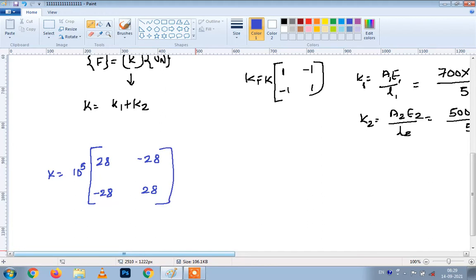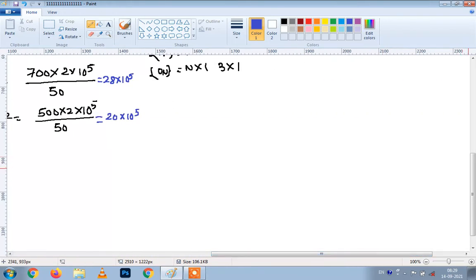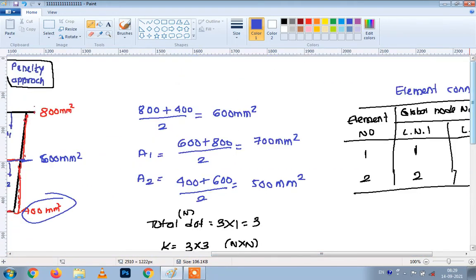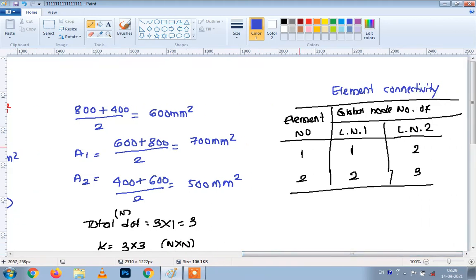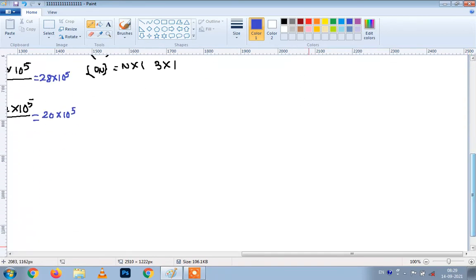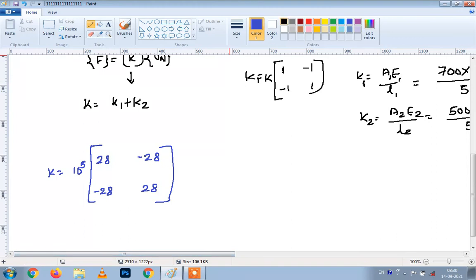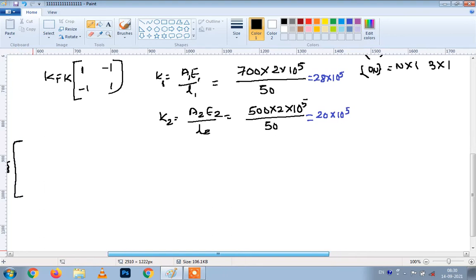From the element connectivity table, we will quickly check the degrees of freedom. For the first element, it is 1 to 2, and for the second it is between 2 to 3. So we will write the degrees of freedom as 1 2 1 2, plus 10 raised to 5 outside the bracket, and the value of K2 we have got is 20.